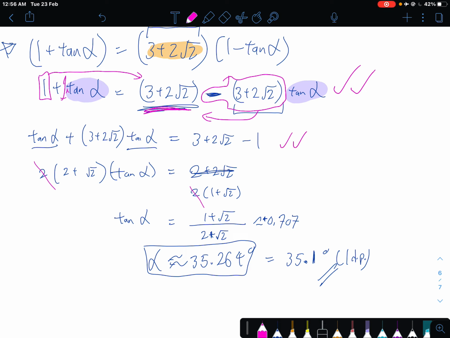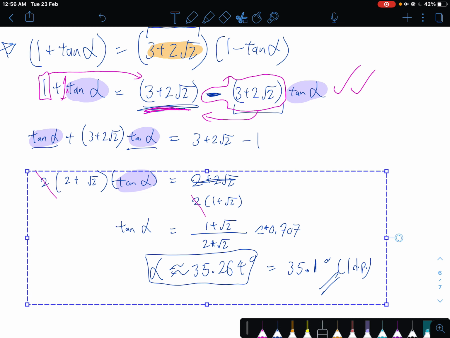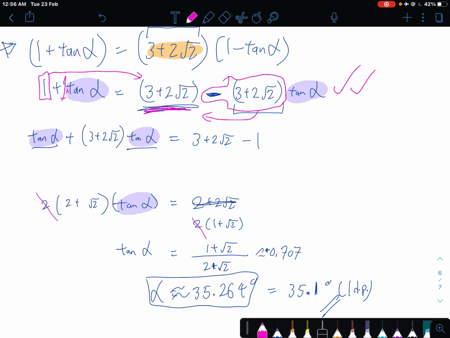Now we move on. We try to factor out the tangent alpha. You see here, there's a tangent alpha. Here, there's a tangent alpha. But you can factor out tangent alpha, right? Yes, then you'll get, let me just show the working a little bit. What I did is I factored out the tangent of alpha.